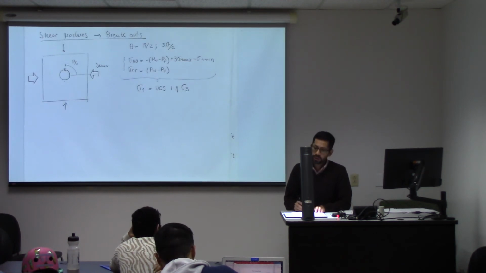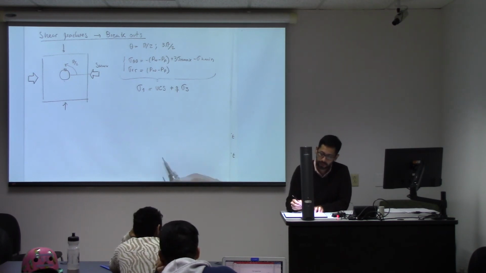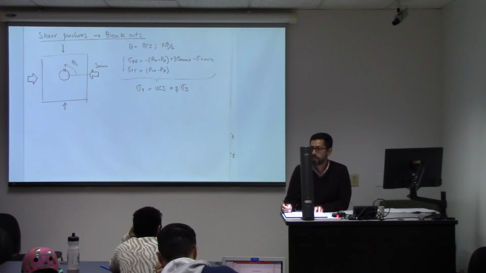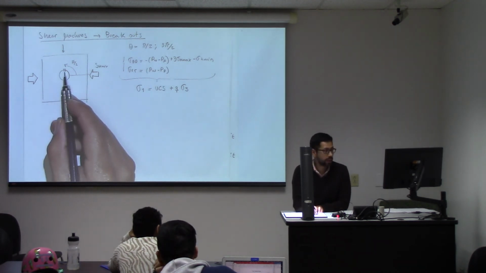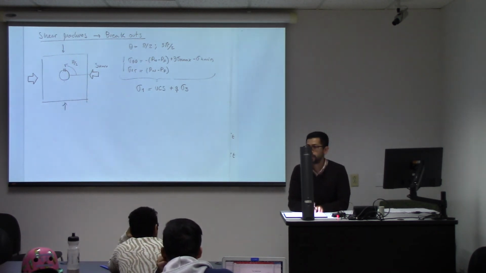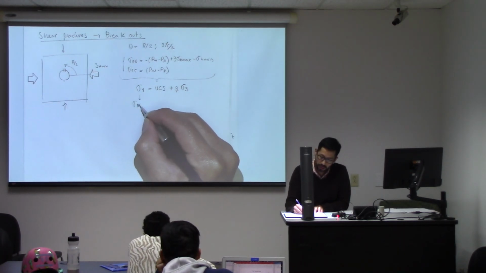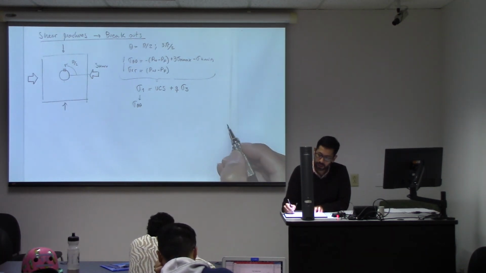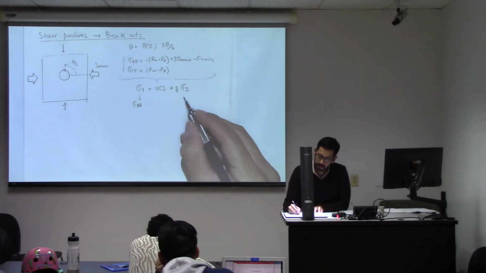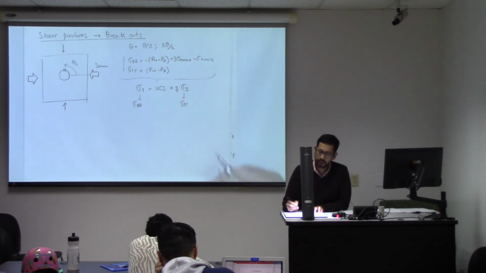So in this equation, which one is going to be sigma 1 and which one is going to be sigma 3? Around the wellbore, this location. Yes? Sigma theta theta, sigma 1. And the other one, sigma 3, is going to be sigma RR.